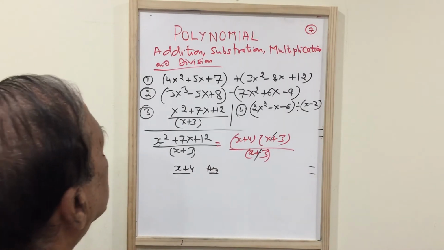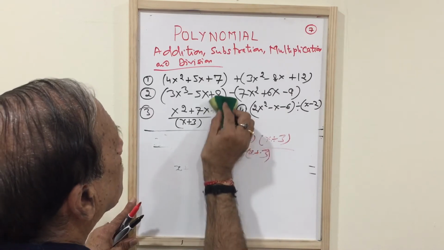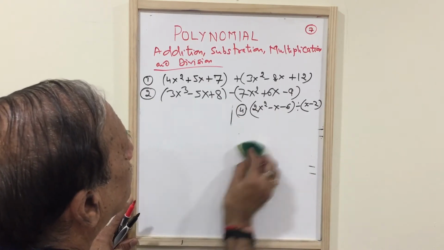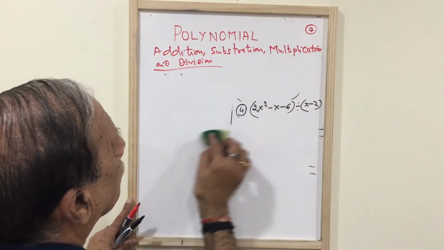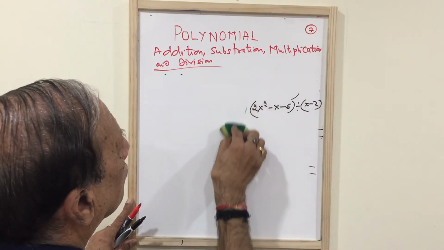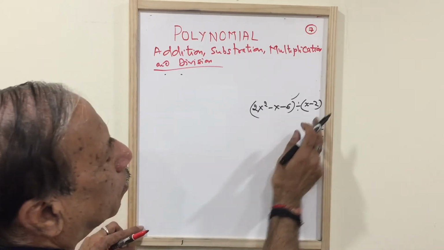And in the next question, that is the fourth question, we will divide a trinomial with a binomial.